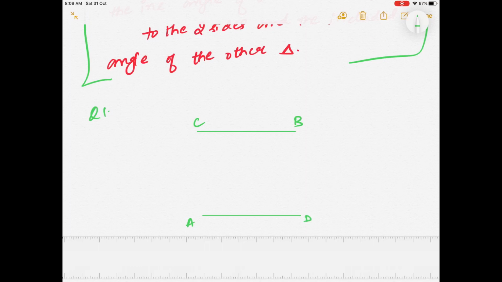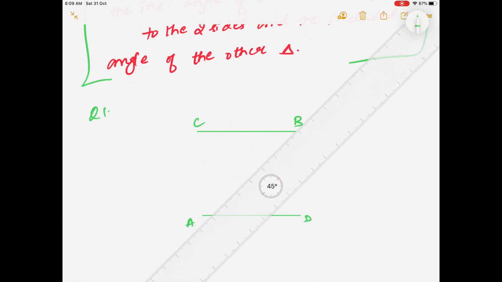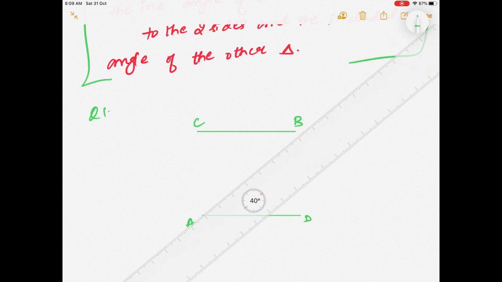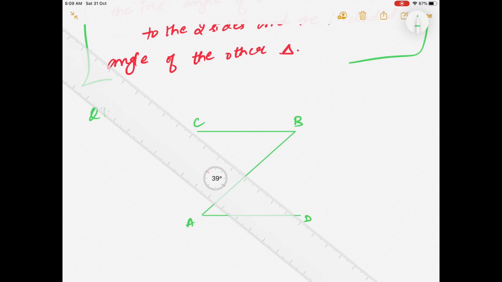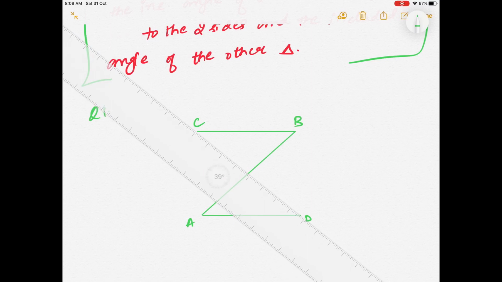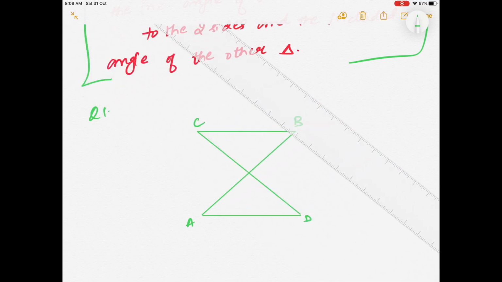The points are joined by certain lines. This is the figure given in the question. You have to draw the figures in your answer sheet also in the exam. If you want full marks, you have to draw all the figures in the exam for this chapter.